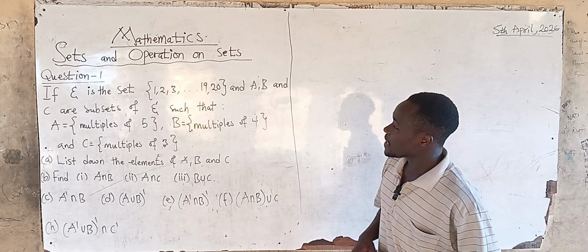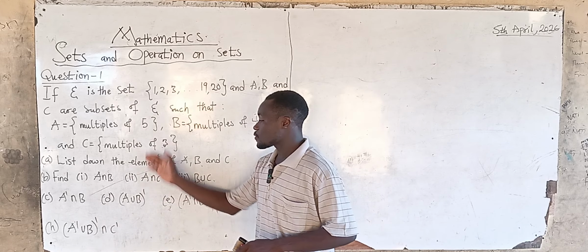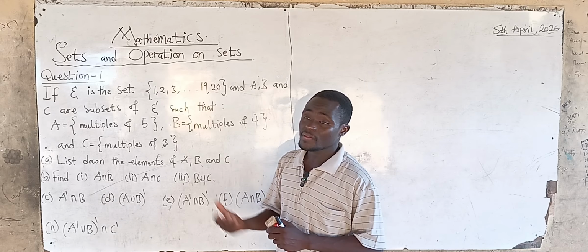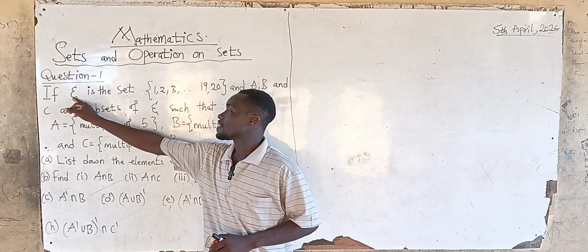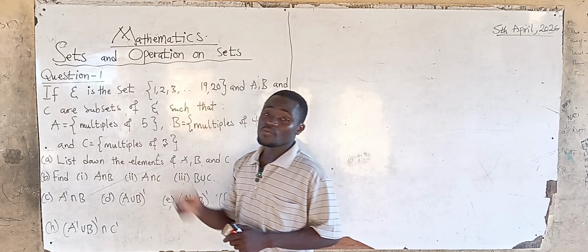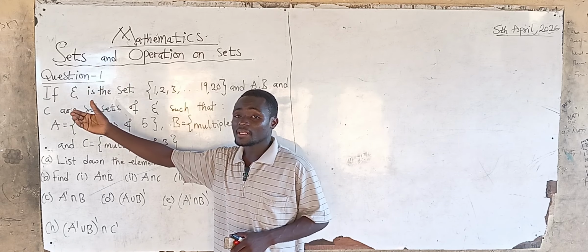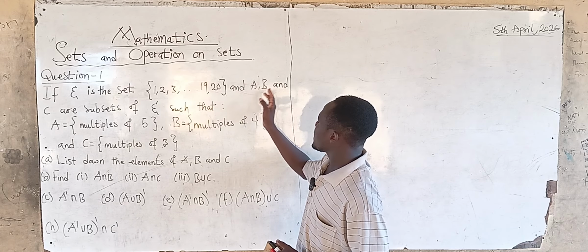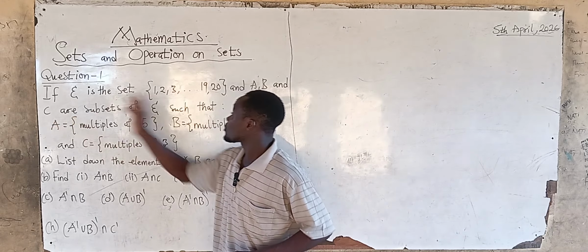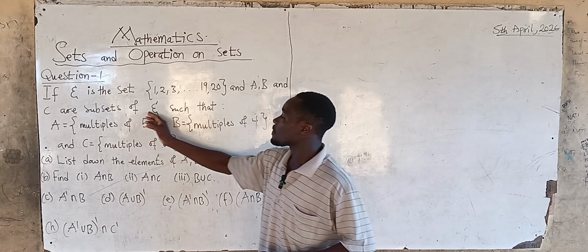Very good. Now, have it in mind that mathematically, for us to be able to answer this question, we need to understand certain things. From the question we've been given, E represents the universal set. It was stated that A, B, and C are subsets of it.